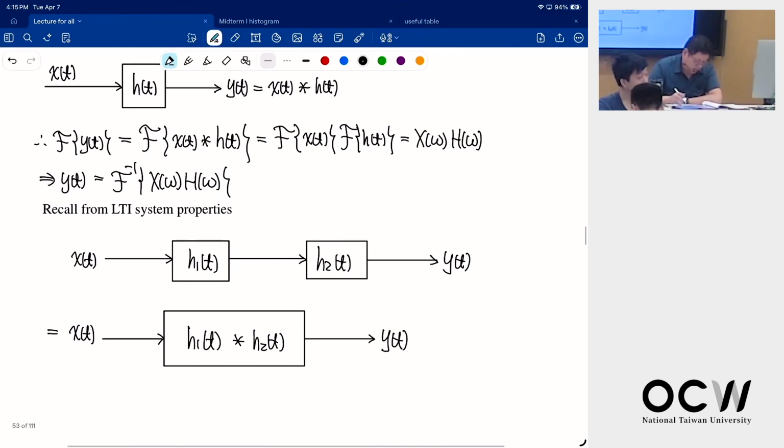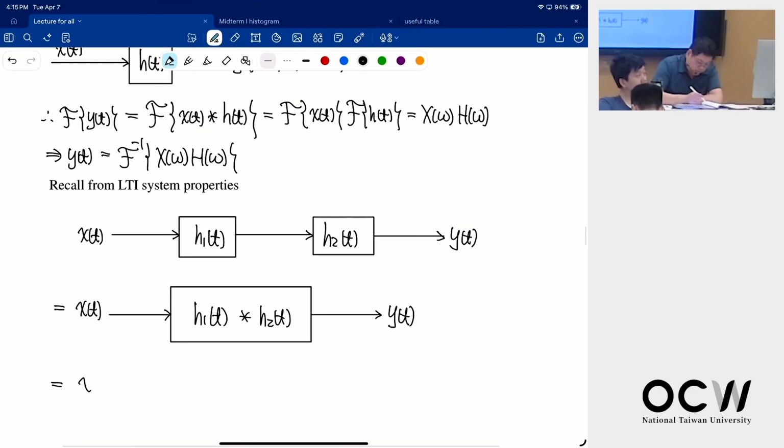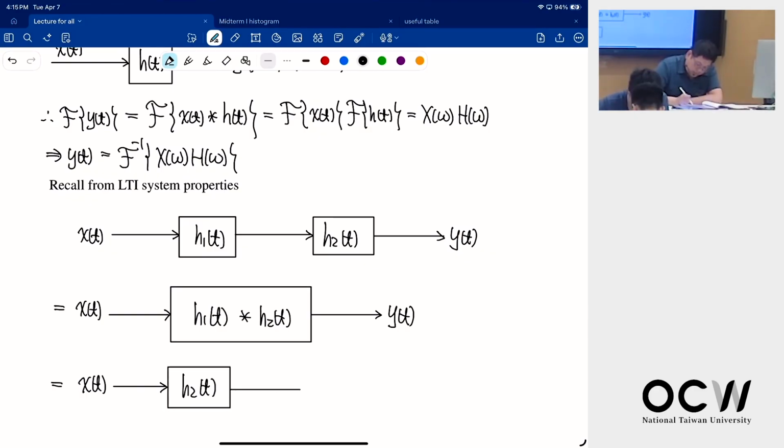Seems like for the system property and also the convolution, I can switch. So you can also think I send a signal to the second system first, and then send it to the first system. I still get the same output y.